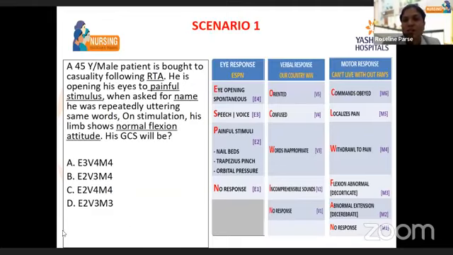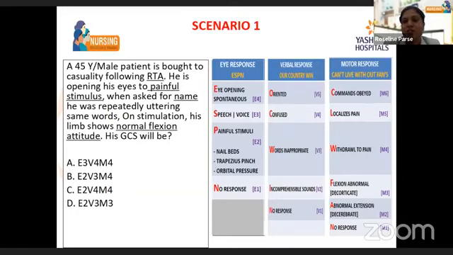He opens his eyes to painful stimuli, so the eye response would be E2, because he's responding to painful stimuli. Then when asked for name, he's repeatedly uttering the same words. He's not able to form any sentence, but he is using words.